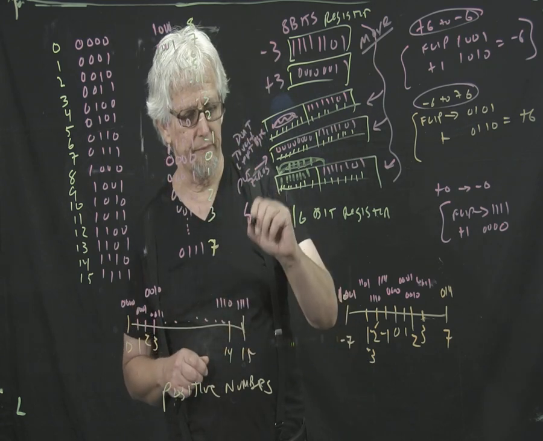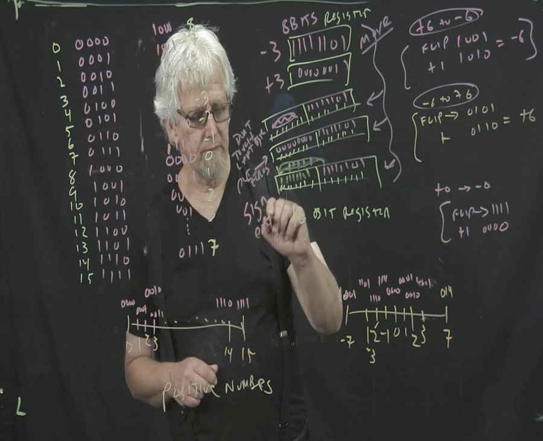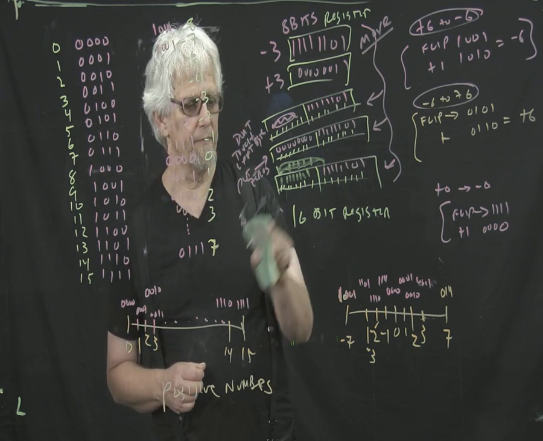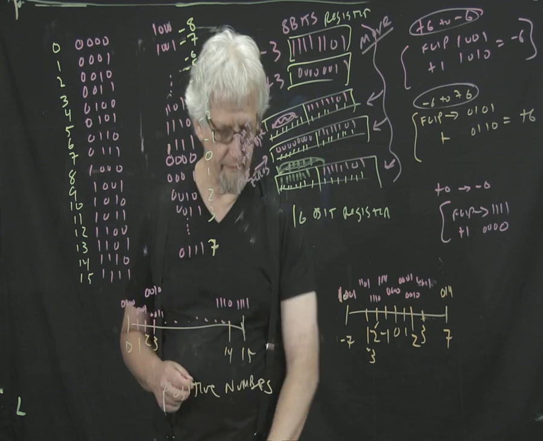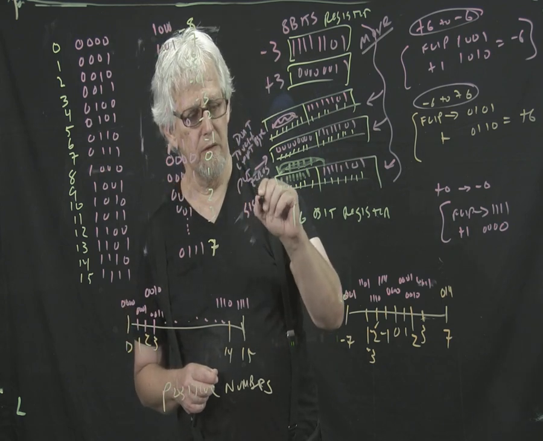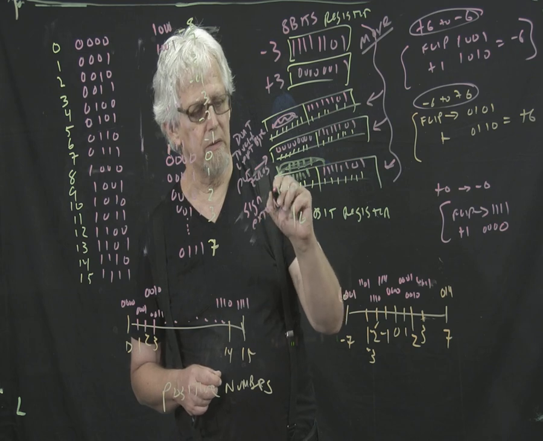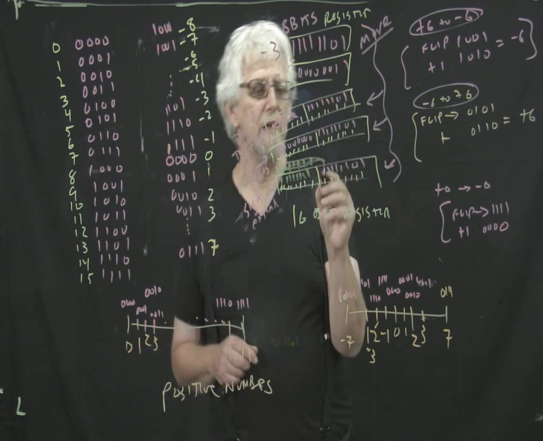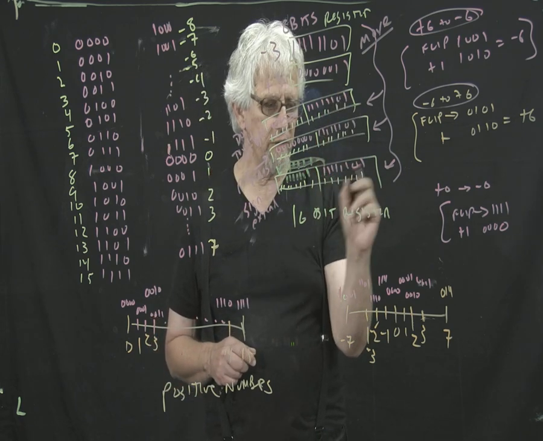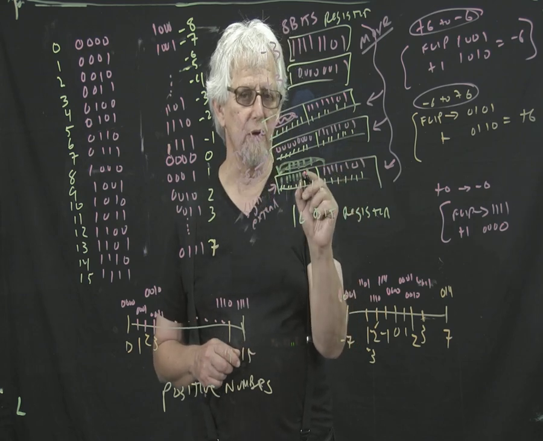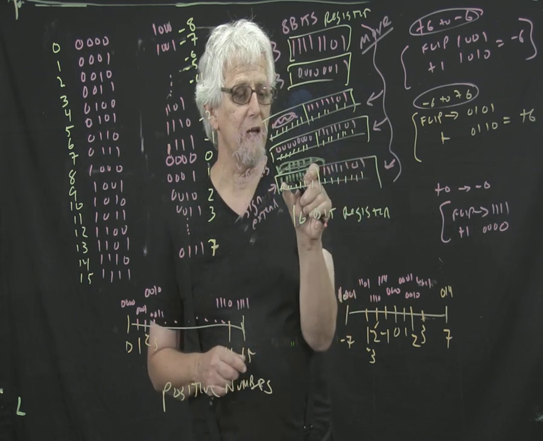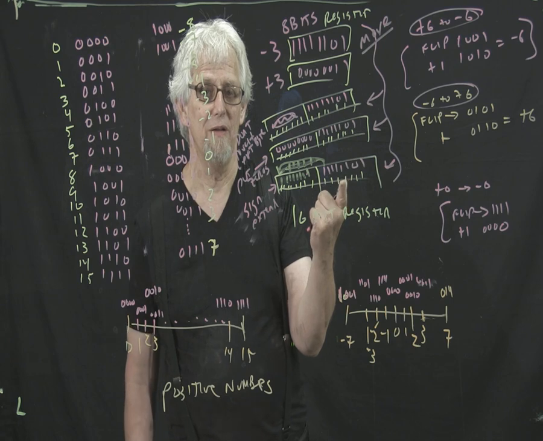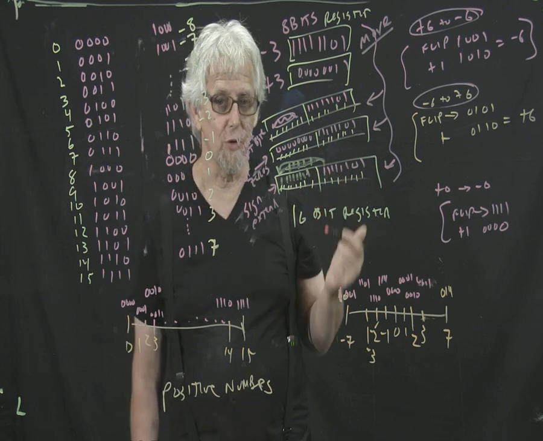So if there was a 0 in the sign bit, that's a +3, then the sign bit of 0 goes here. If there's a -3 over here, the sign bit of 1 goes here, and then in 16 bits, this is still a -3. It works. You just extend the sign bit to make it longer.